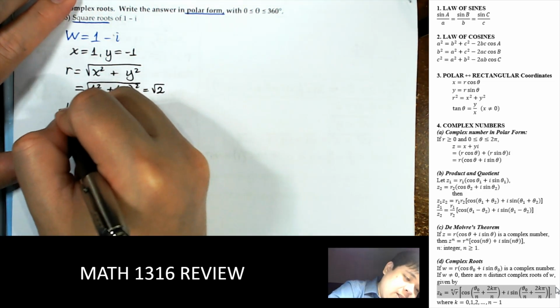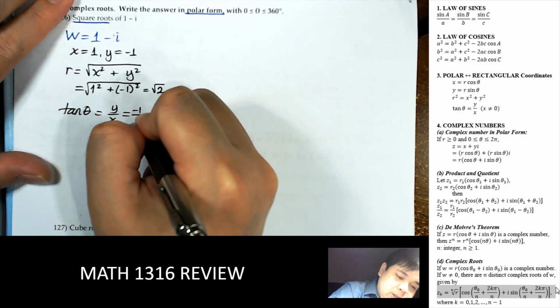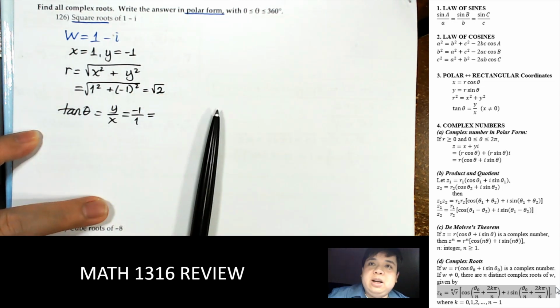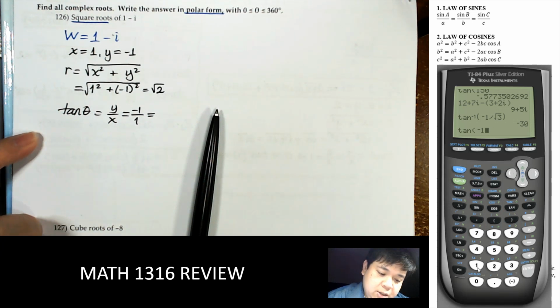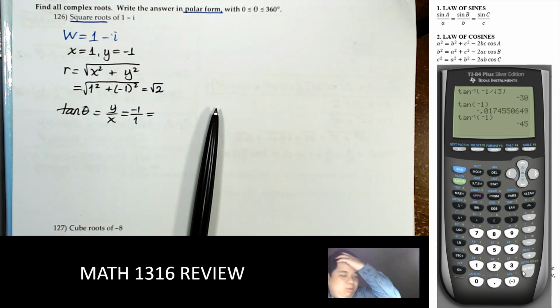Then theta, tangent theta is y over x, so tangent inverse of negative 1. Alright, negative 45 degrees.